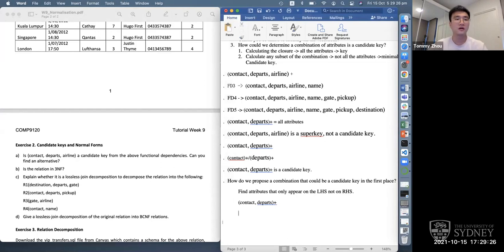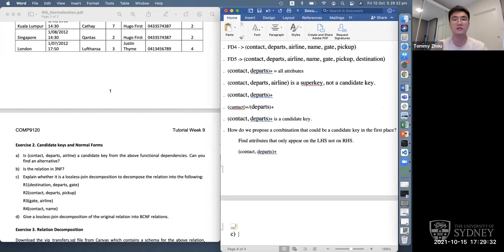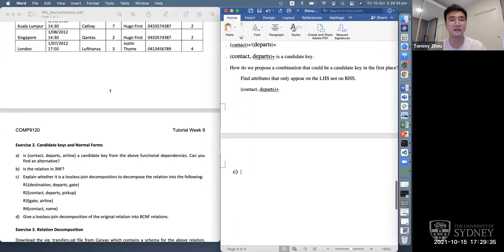How many conditions will we need to verify so that we can say this is in third normal form? How many criteria or conditions are there?